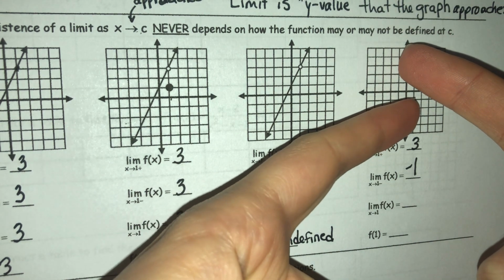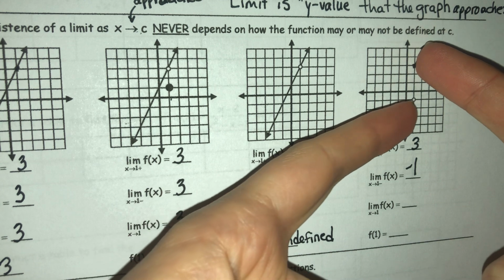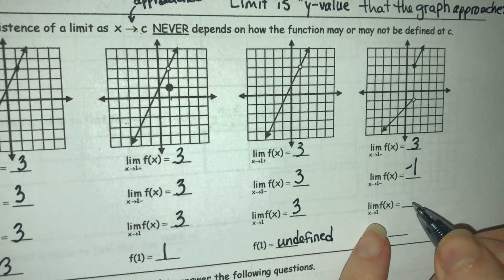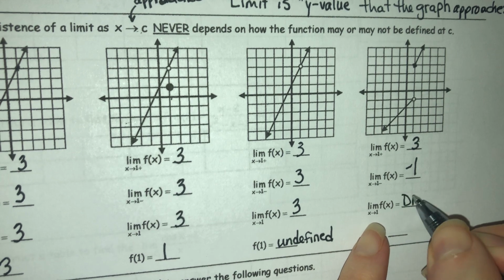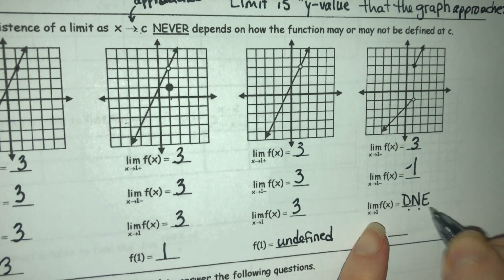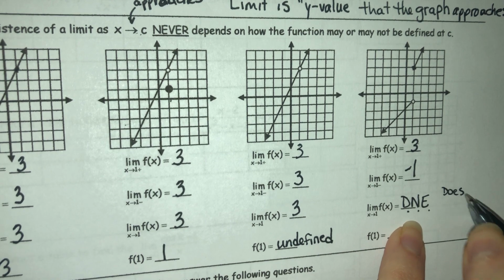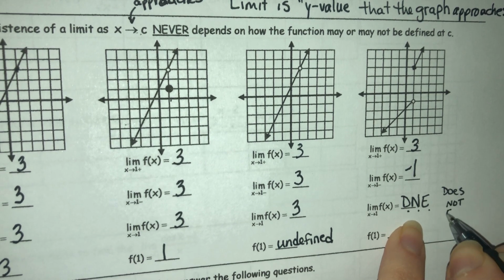Since it's not coming to the same value from both sides of the graph, this means that the limit does not exist. So DNE is the short way we write does not exist.